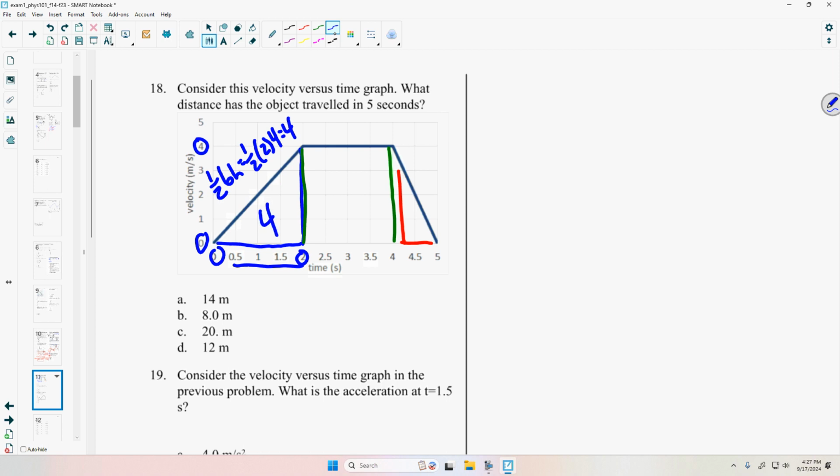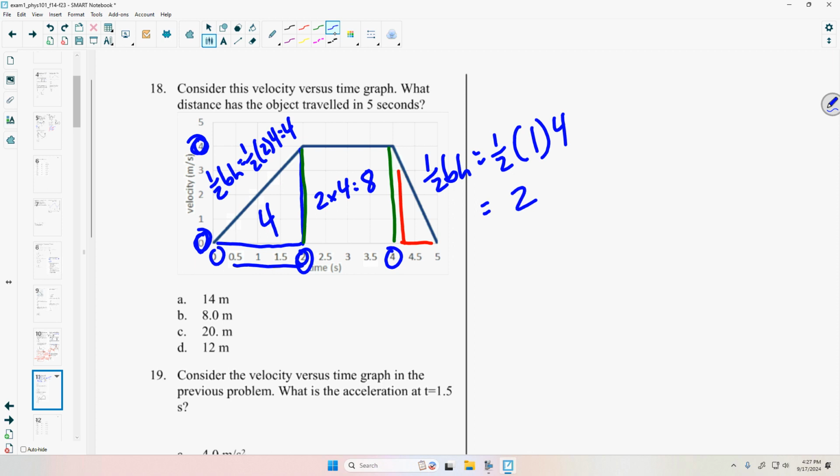This one has an area of 2 times 4, which is equal to 8. I got the 2, it's going from 2 to 4, so 4 minus 2 is equal to 2. That's the base. And then the height is 0 to 4. And then this final last one is 1/2 base times height. That's 1/2 of 1 times 4, which is equal to 2. So 4 plus 8 plus 2, that's 14 meters.